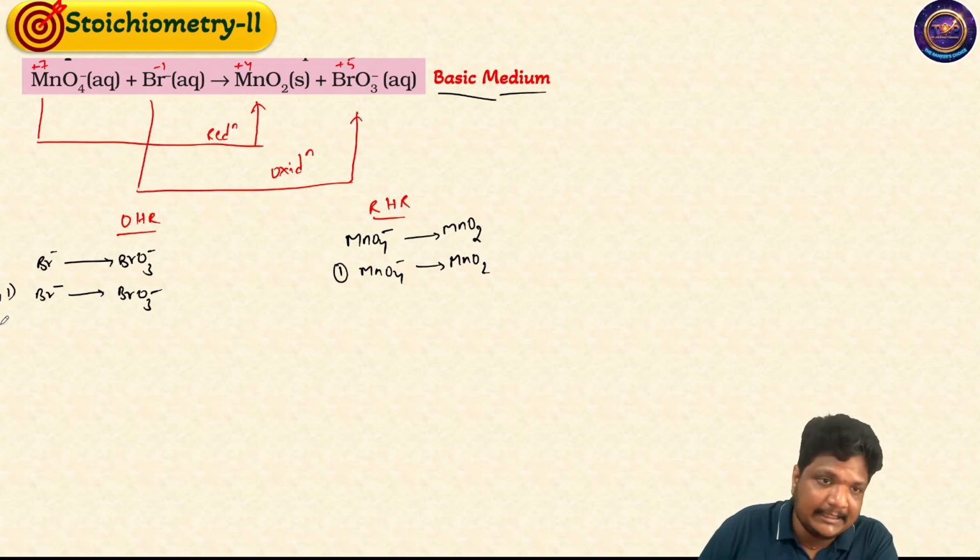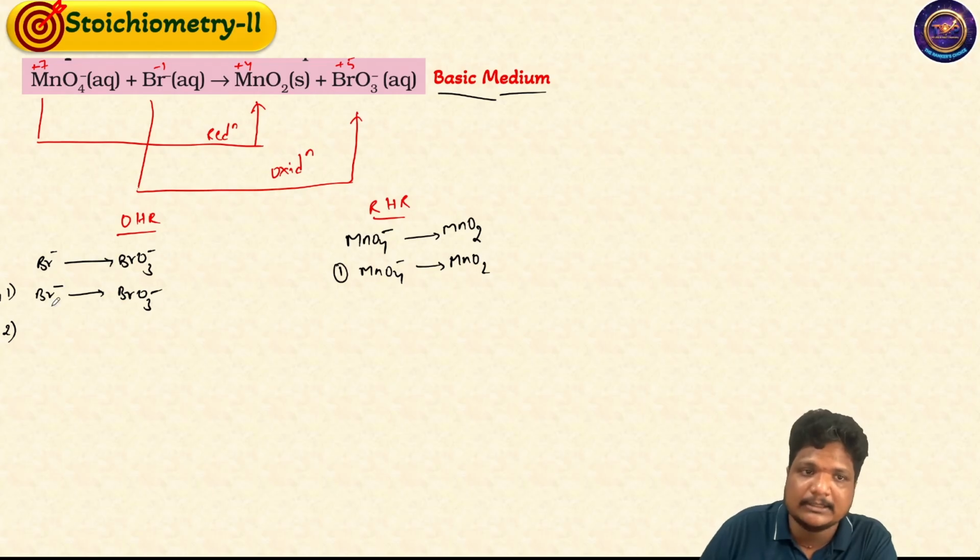Now let us see the second step, that is, balance the oxygen atoms by adding H2O. Here we have three oxygens on the right side and no oxygens on the left side, so you have to add 3 H2O. Br minus plus 3 H2O gives rise to BrO3 minus.